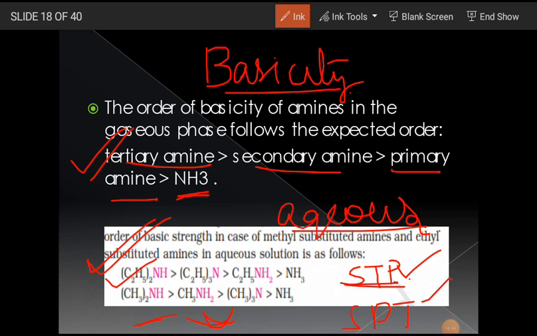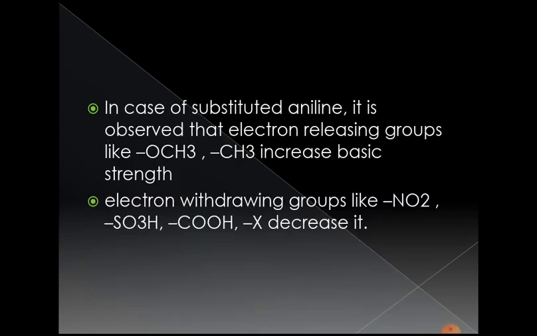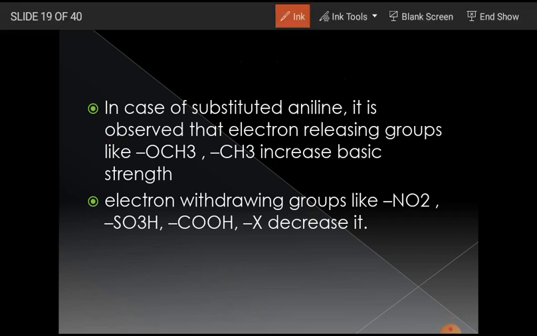Next, let us talk about the effect of substituted anilines. Here we can use the same trick that we studied before. There we have studied that withdrawing groups increase the acidity.